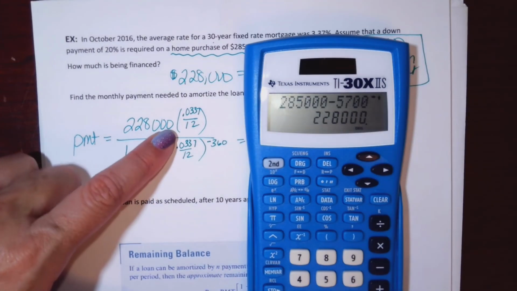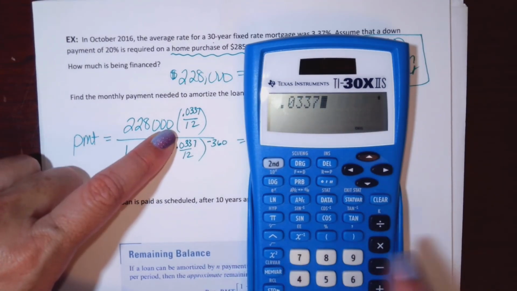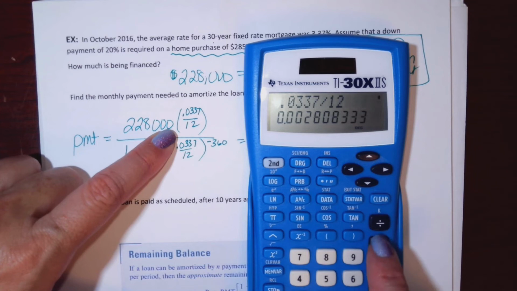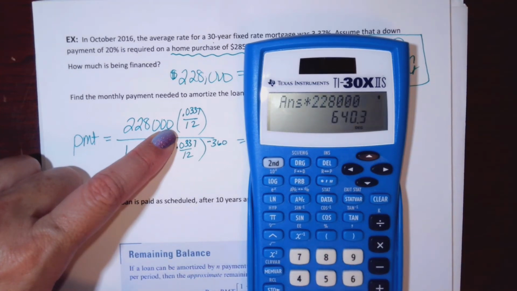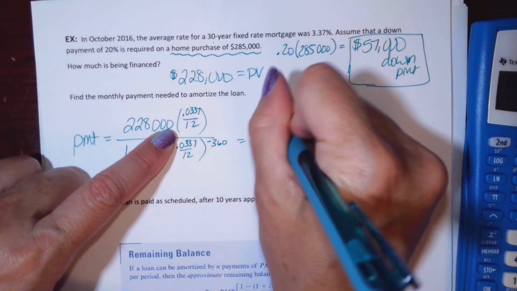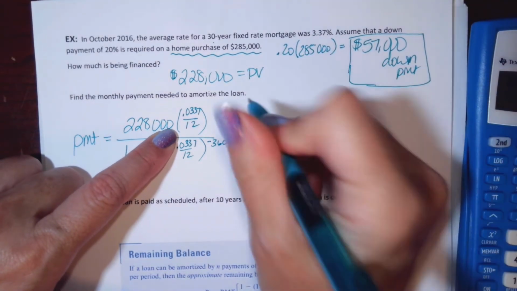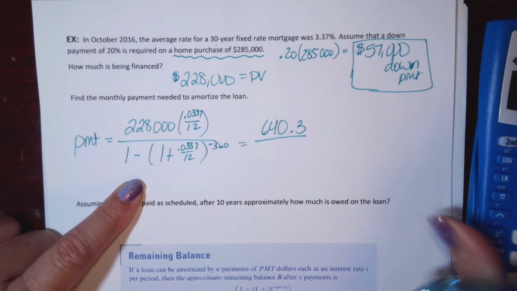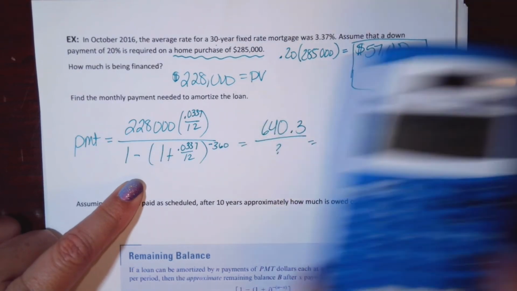If we calculate our numerator, my numerator is $640.30. My denominator I need to work out.